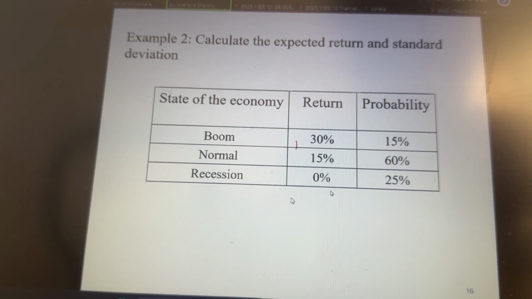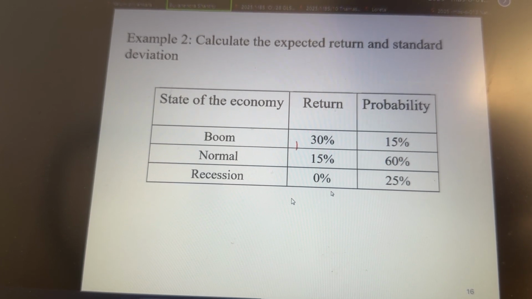Now, based on what we have discussed up to now, you need to calculate the expected return and the standard deviation for this example. Try yourself. What is the standard deviation? What is the expected return?